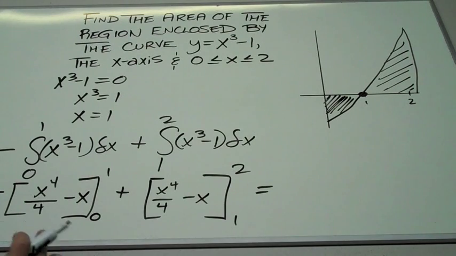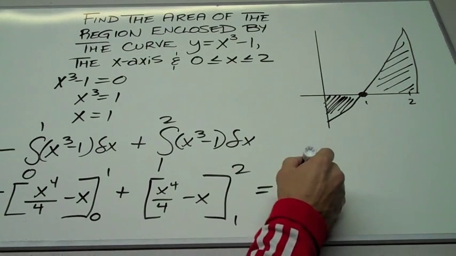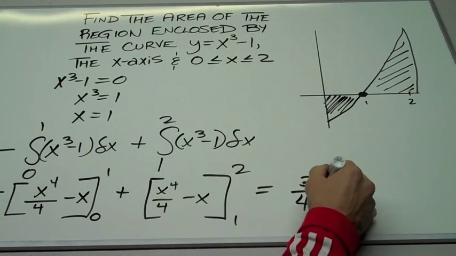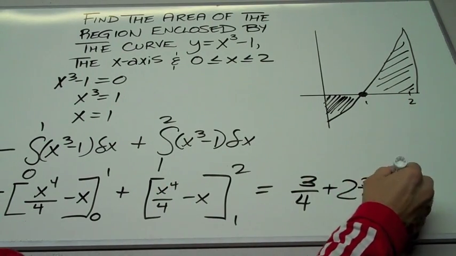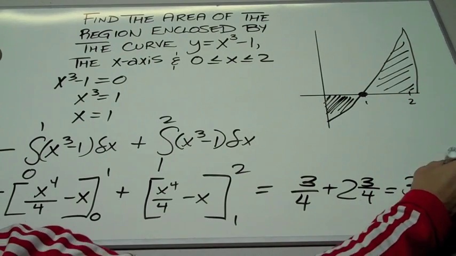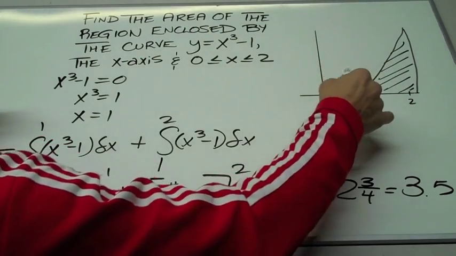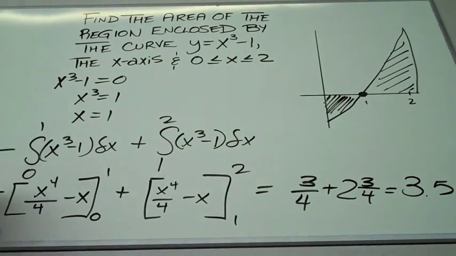Well, this whole expression simplifies to 3/4, and this whole expression here simplifies to 2 3/4. So ultimately I wind up with 3.5 square units. What is that? That's the opposite of this, plus this. That gives me the total area trapped between my curve and the x-axis. This is not the signed area because I took the opposite of this.